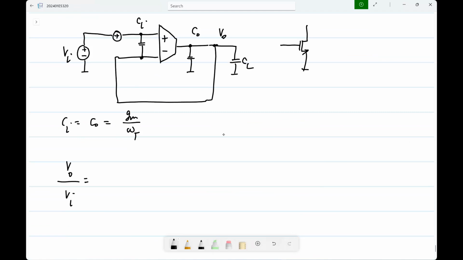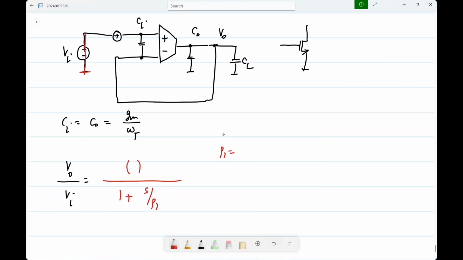If you short this, basically all 3 capacitors are in parallel. Okay. And where is the pole? So we'll have something divided by 1 plus s by P1. Where is this pole? What is the resistance that you see? What is the capacitance that you see?